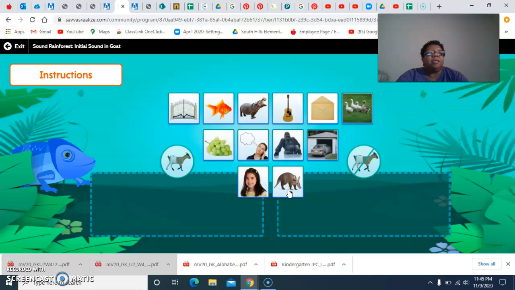So without me moving the pictures, which pictures would you put with goat? G, g, goat. Which ones have the same sound as g, g, goat? And then which pictures are not for letter G or don't have the same sound as G would go on this side? Which ones would you pick?